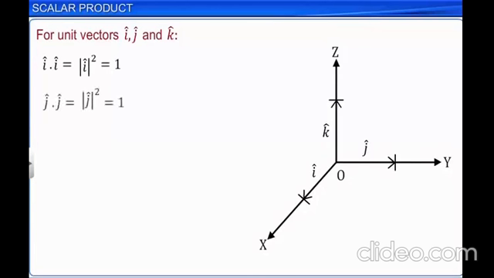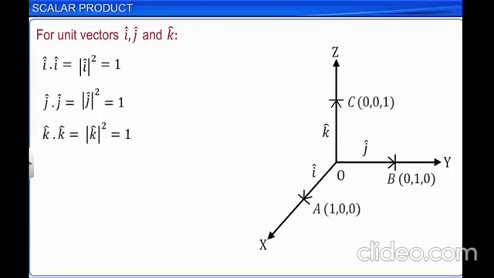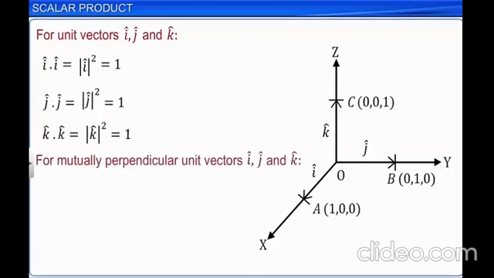This is because each of these unit vectors has a magnitude of 1 and angle theta in this case is 0 degrees. The product of any two of the mutually perpendicular unit vectors i, j and k is 0. This is because angle theta in this case is 90 degrees.